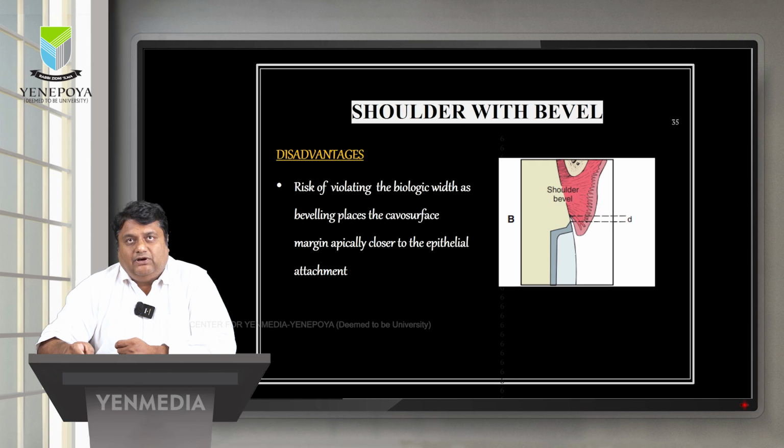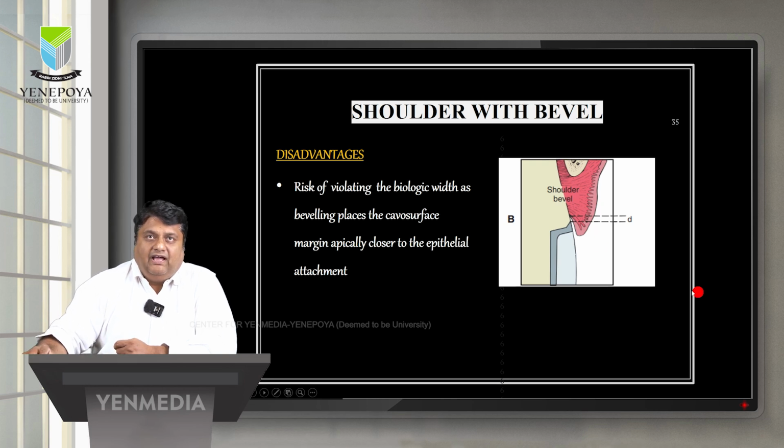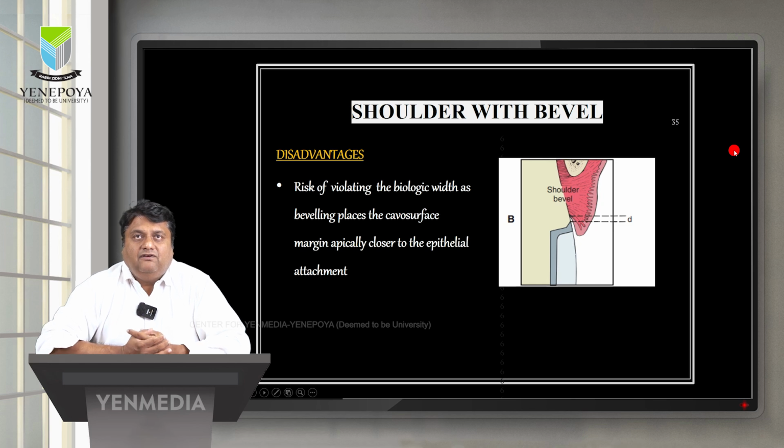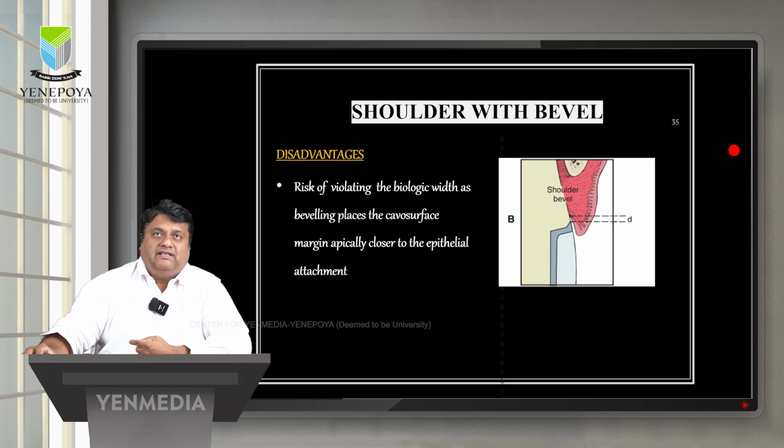Now what is the disadvantage? If you see here, we have a shoulder and then on top there is a bevel. Usually this bevel is hidden in the free gingival margin area so that the metal is not seen. So what are the disadvantages? There is a risk of violating the biologic width, as beveling places the cavosurface margin apically closer to the epithelial attachment.